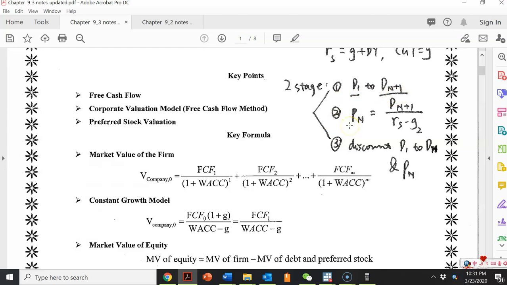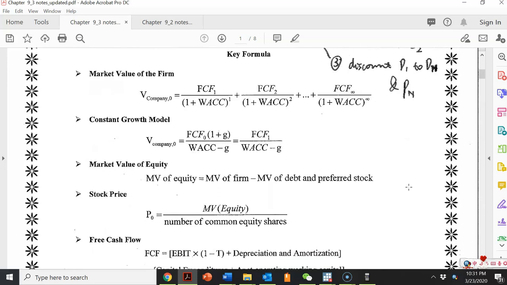Step 2, we calculate the horizon value Pn equals Dn plus 1 over Rs minus g2. Step 3, we discount all the dividends in the first stage, D1 to Dn. We also discount the horizon value Pn. So this is a review of Class 1 and 2.